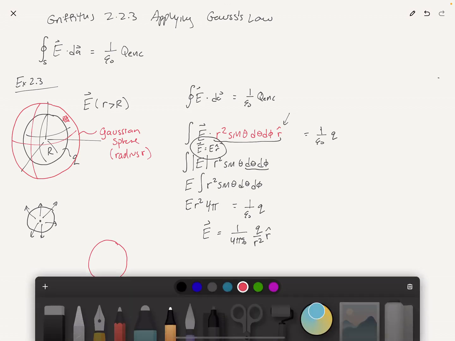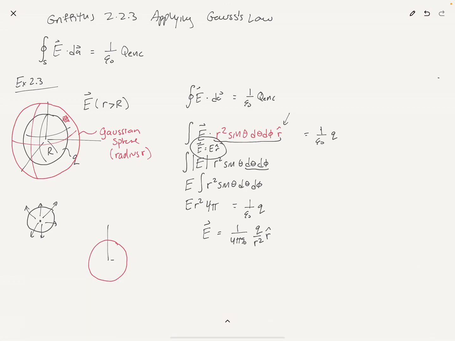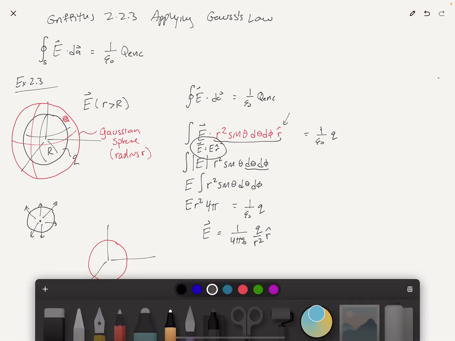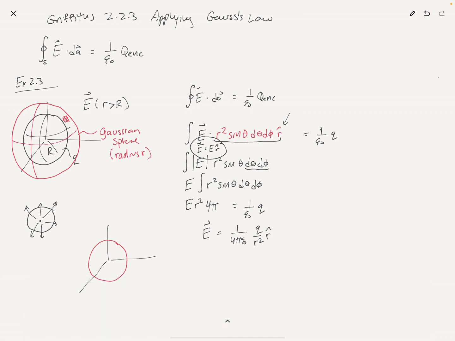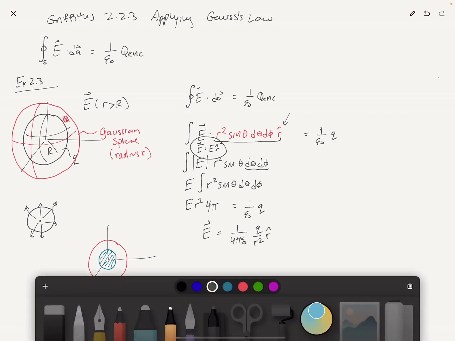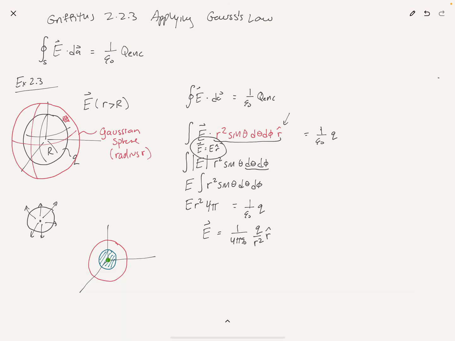At that point in space, I have an electric field, but I have no idea if that electric field came from my solid sphere with total charge Q, or perhaps, let's do another color, a point charge of charge Q. This electric field can't tell you the details of the distribution of charges within the sphere. It just tells you what the electric field is at a particular point in space. I'll do the next example in another video.